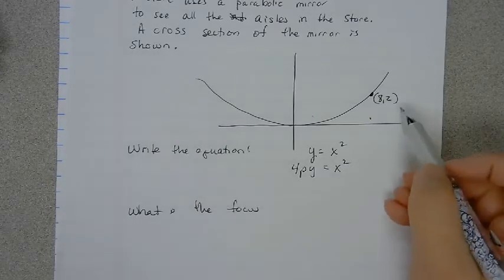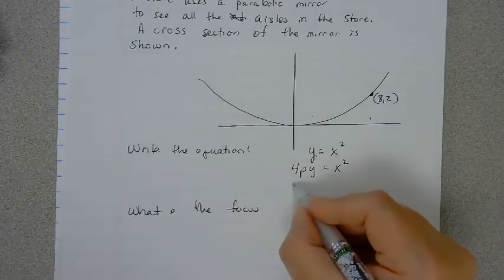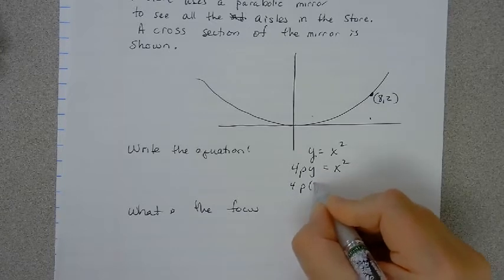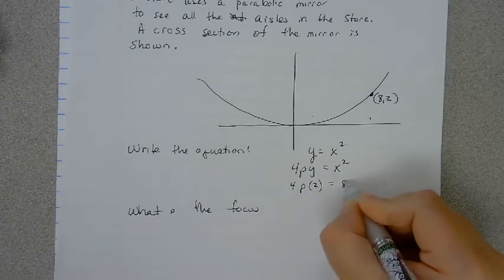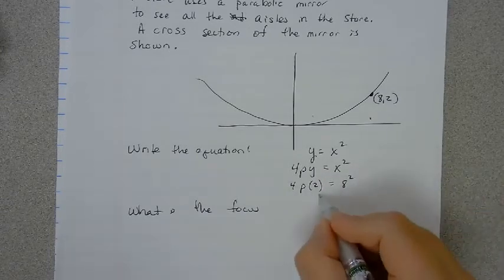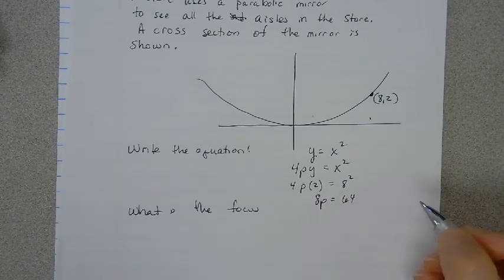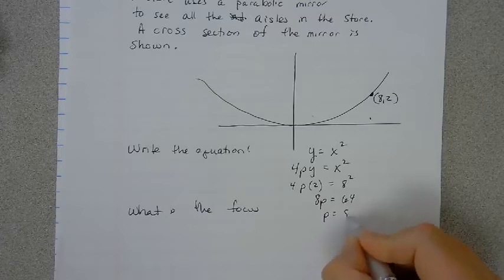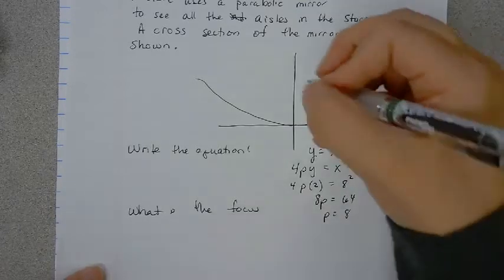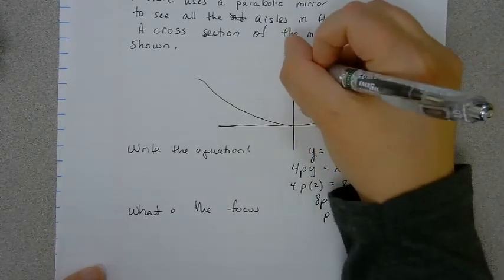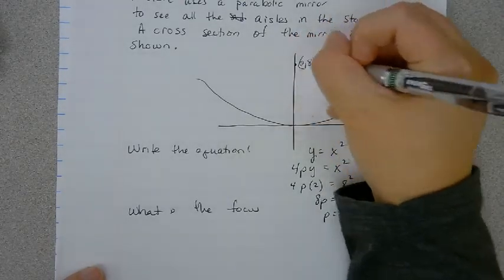I know that there's a point on this parabola where y is 2 and x is 8. So 8p equals 64. So p is 64 divided by 8, so the focus point is going to be at (0, 8).